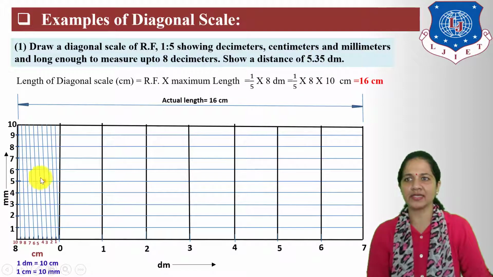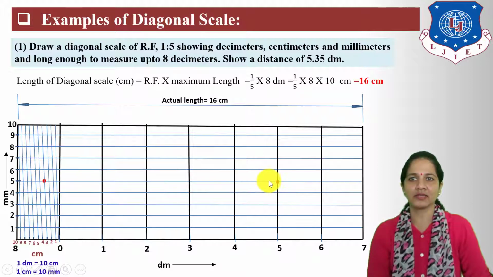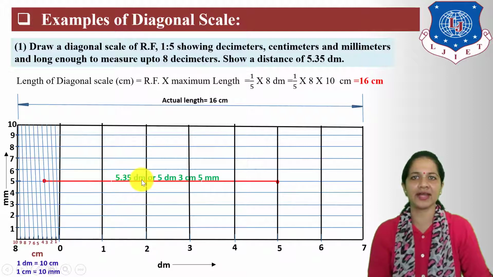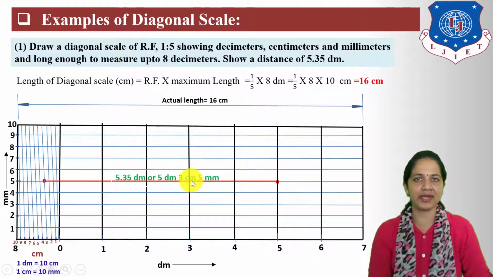Five millimeter point take on 3 centimeter diagonal line. Next, take 5 decimeter points on this millimeter line. Now, this distance indicates 5.35 decimeter or 5 decimeter, 3 centimeter and 5 mm.